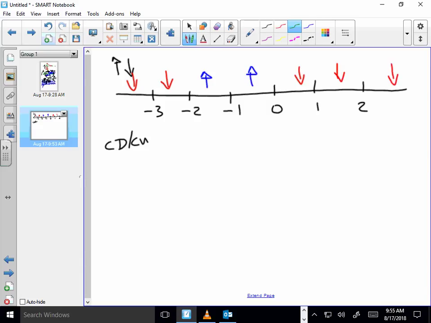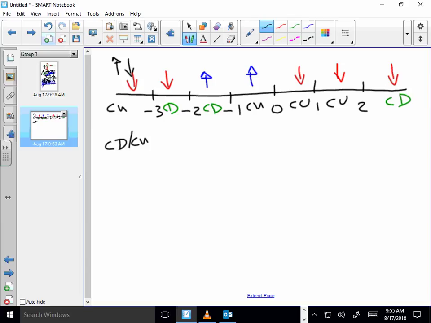I've got concave down here from -3 to -1, also from 2 to infinity. And I'm concave up from -infinity to -3, and concave up over here, and over here.